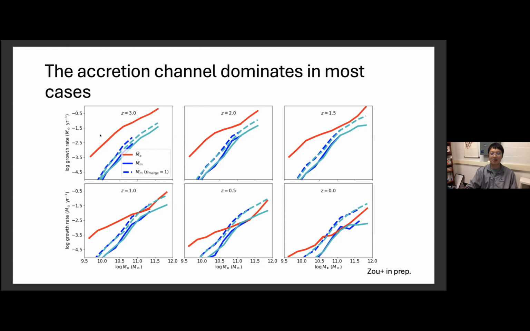With our combination with the TNG, we can obtain the merger-driven growth. You can see that generally the red curves are far above the blue and cyan curves. So this indicates that the accretion channel usually dominates over the merger channel in most cases. But there are some exceptions, like at low redshift and high stellar mass, where the merger channel may become important compared to the accretion channel.